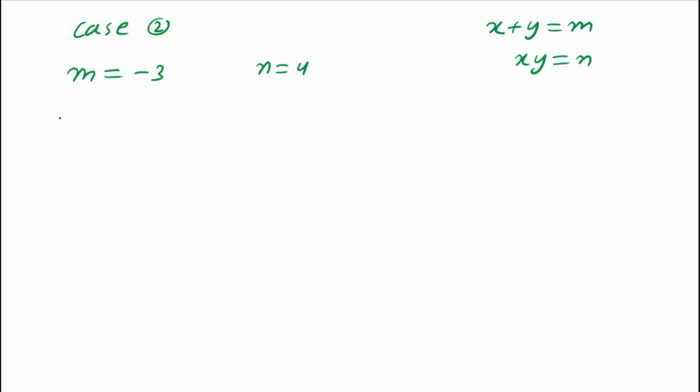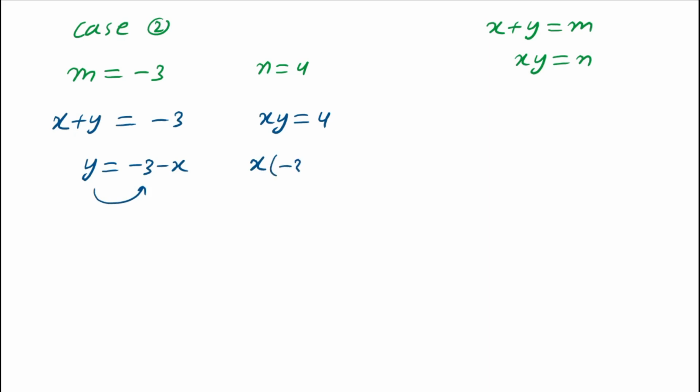So m is replaced by x plus y, which is equal to minus 3, and n is replaced by x times y, which is equal to 4. Here again we have two equations and two variables. Now here we will apply substitution again, and the value of y in terms of x is equal to minus 3 minus x. Then x times y, where y is replaced by minus 3 minus x, so x times minus 3 minus x is equal to 4.